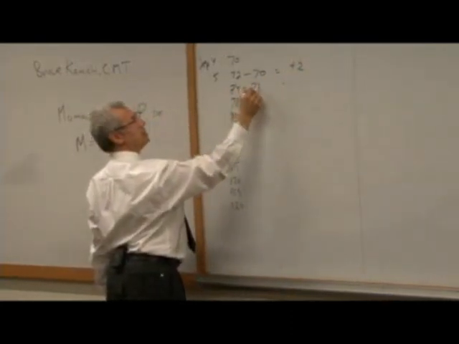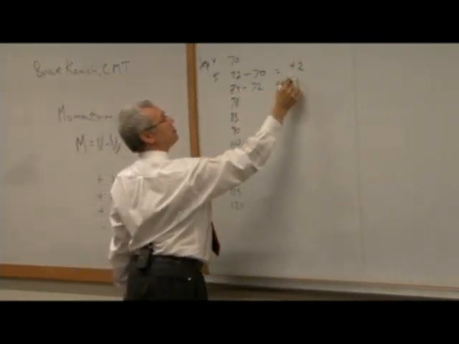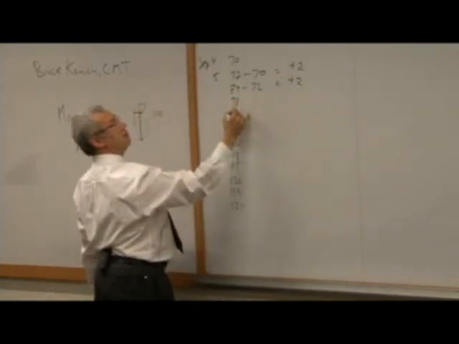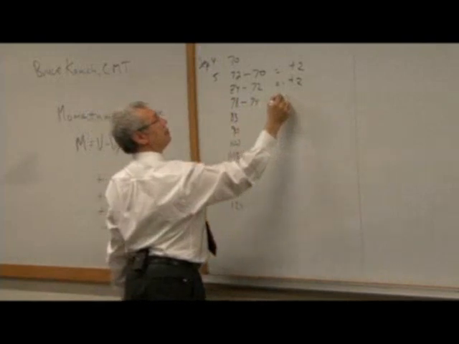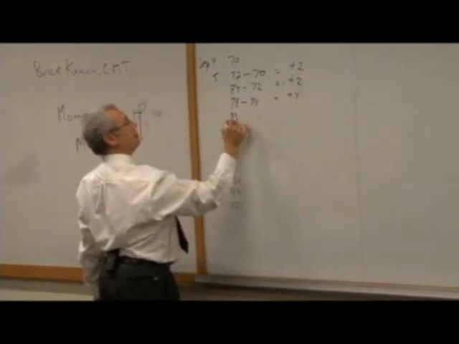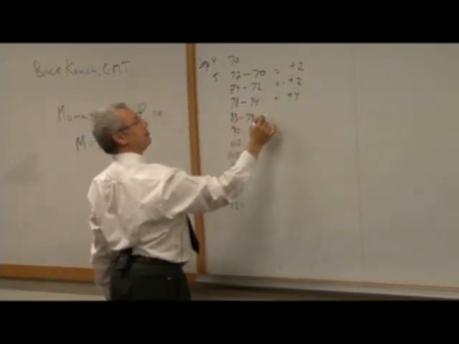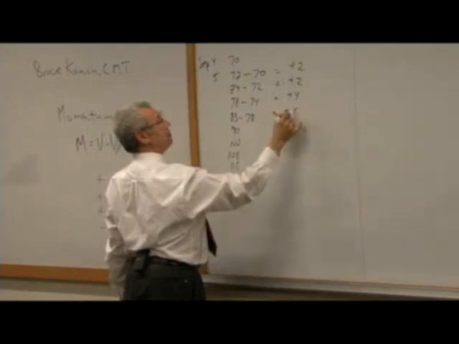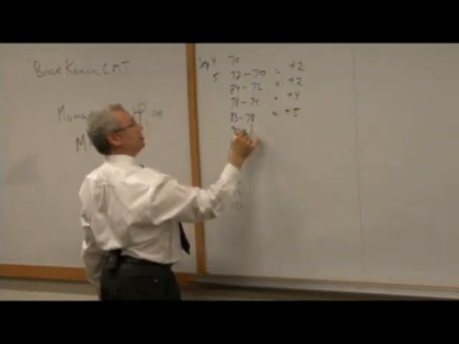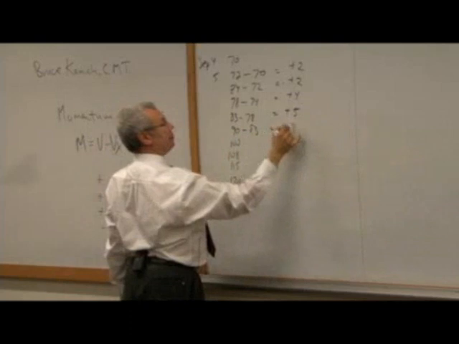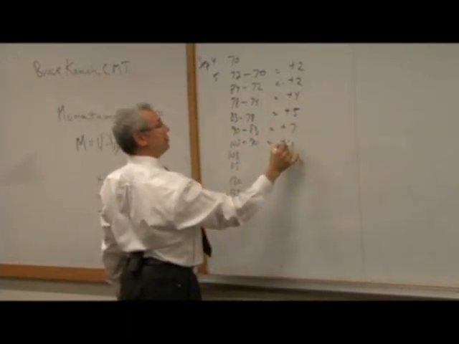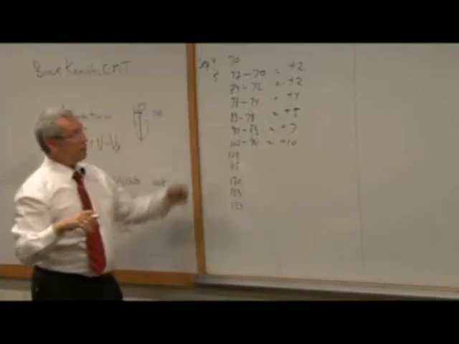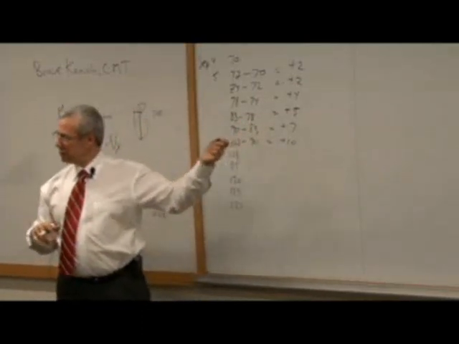74 minus the prior day, 72, plus 2. 78 minus 74, plus 4. 83 minus 78, plus 5. 90 minus 83, plus 7. 100 minus 90, plus 10. So we're gaining speed, we're gaining momentum in this stock.